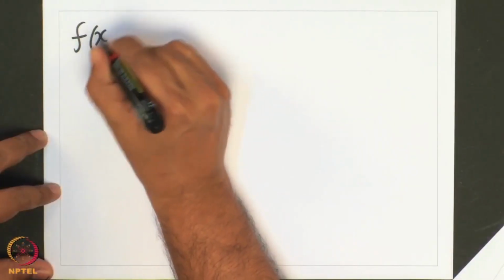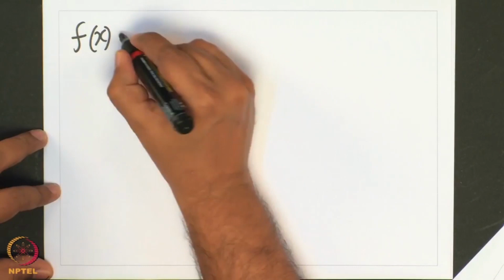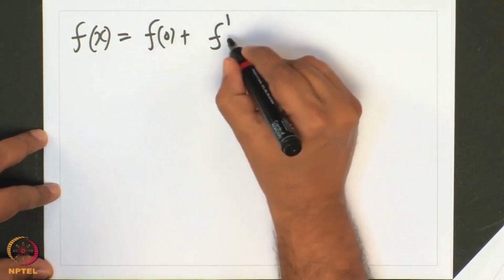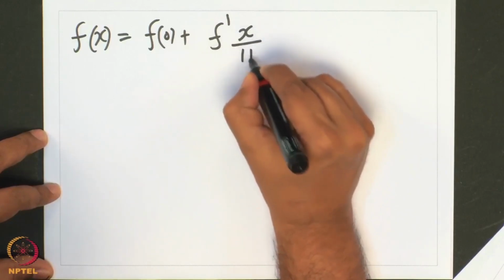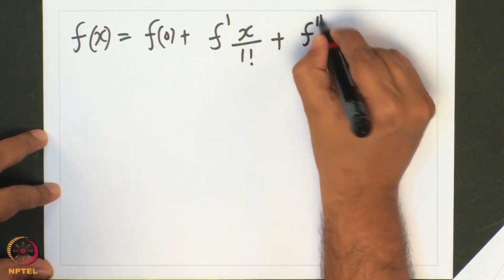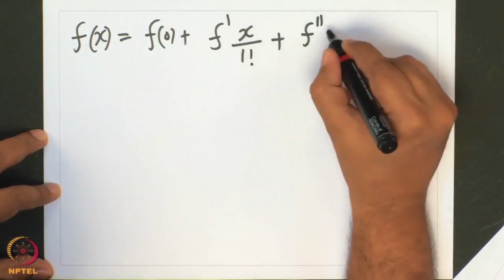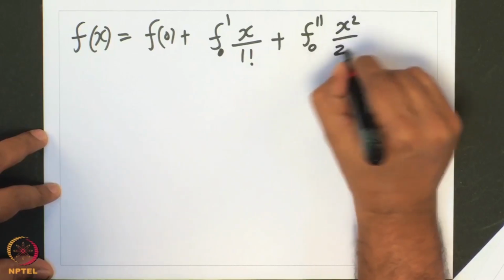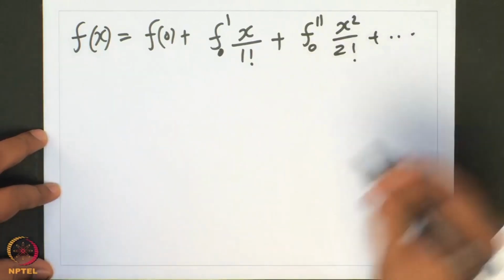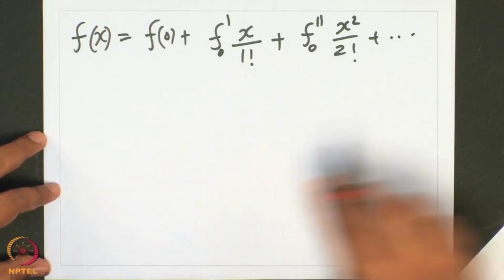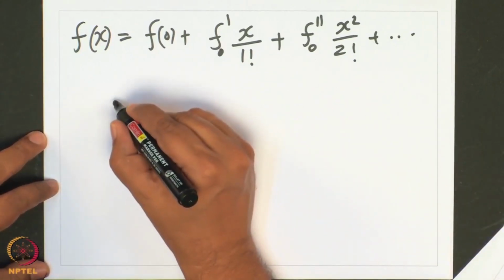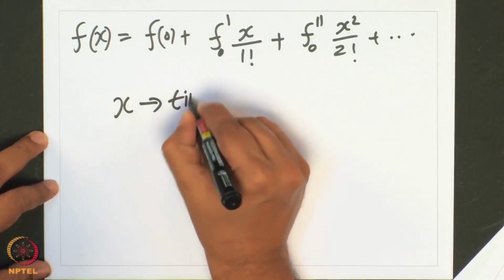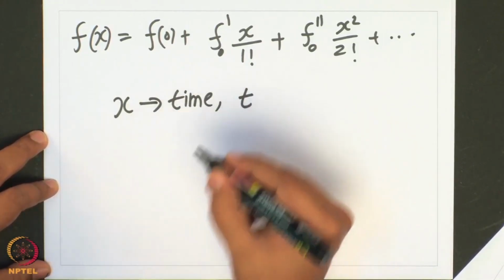It says f of x equals, if I know f of 0 and I know the first derivative f prime, x by 1 factorial plus f double prime evaluated at 0, x square by 2 factorial plus dot dot dot. So let us take here x as time. So I would represent t.